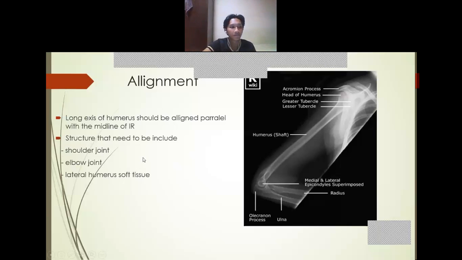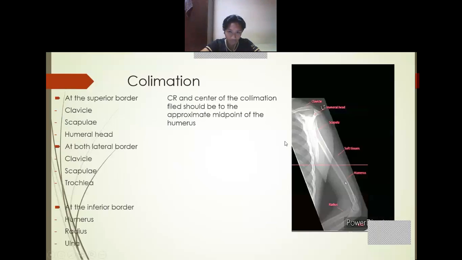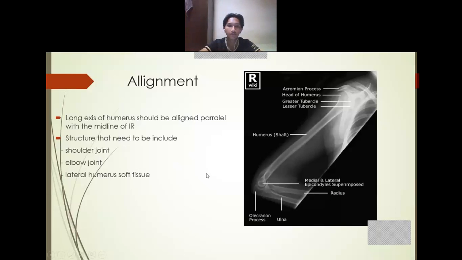The structures that need to be included in this lateral projection for humerus are the shoulder joint, elbow joint, and lateral humerus soft tissue. The shoulder joint is right here. The elbow joint is right here. And the lateral humerus soft tissue is right here. Then we go to the next slide.